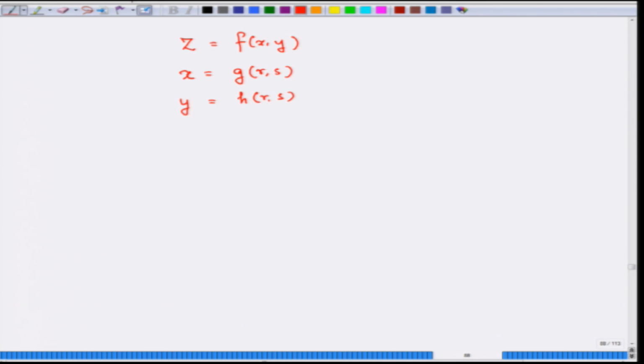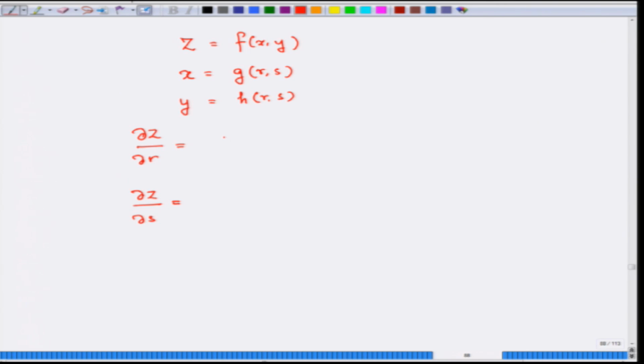Hence the whole z itself is a function of r and s. So, it is now a function of 2 variables. Now, I can talk about ∂z/∂r and I can also talk about ∂z/∂s.